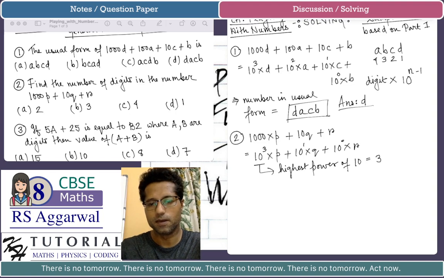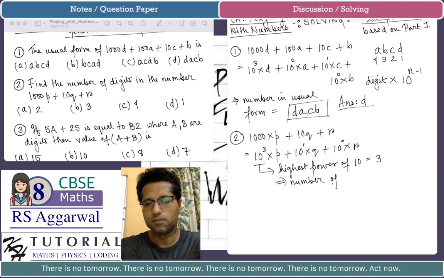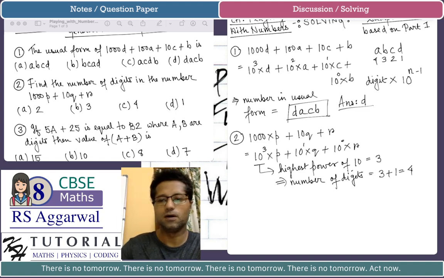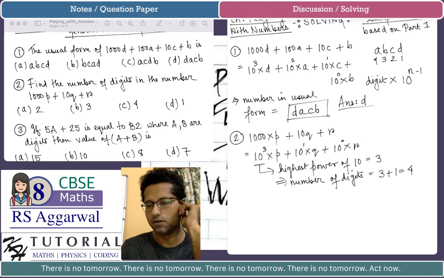So this will imply the number of digits is equal to 3 plus 1, that is 4. So the given general form is of a 4-digit number. So the correct choice is C.